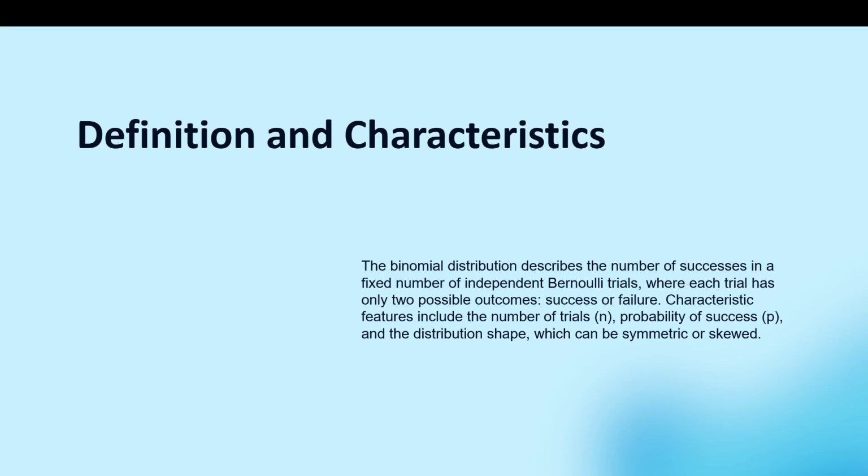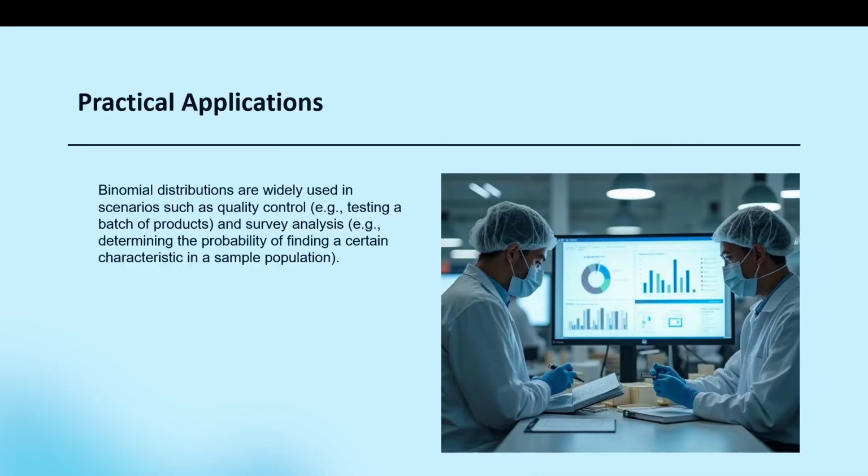We also have the shape: it is symmetric if p equals 0.5, or it will look skewed otherwise. An example could be flipping a coin 10 times. The probability of exactly 6 heads, that's binomial.